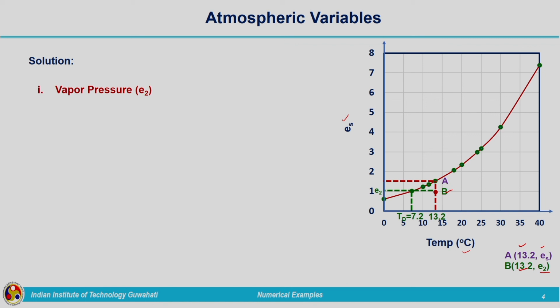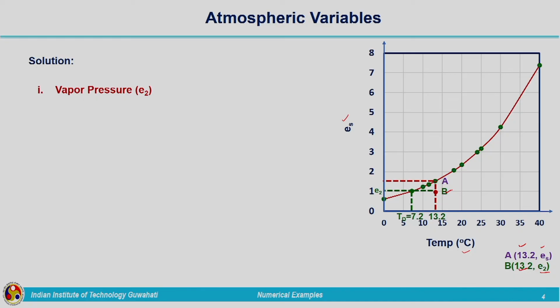TD is equal to 7.2 degree Celsius. So, what we can do, the equation is valid only on the curve. Other than the curve, this equation is not valid, but the equation will give you saturation vapor pressure. So, we are going to calculate the saturation vapor pressure corresponding to dew point temperature. That saturation vapor pressure is the vapor pressure corresponding to the temperature T2. So, we can make use of that concept here.